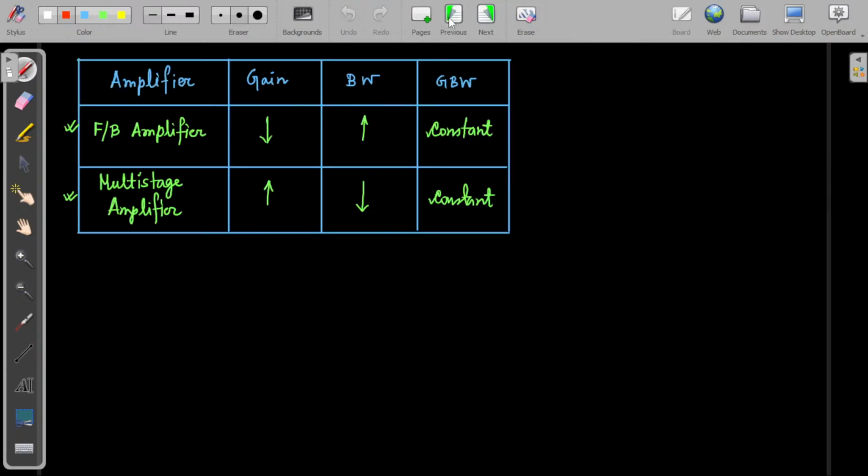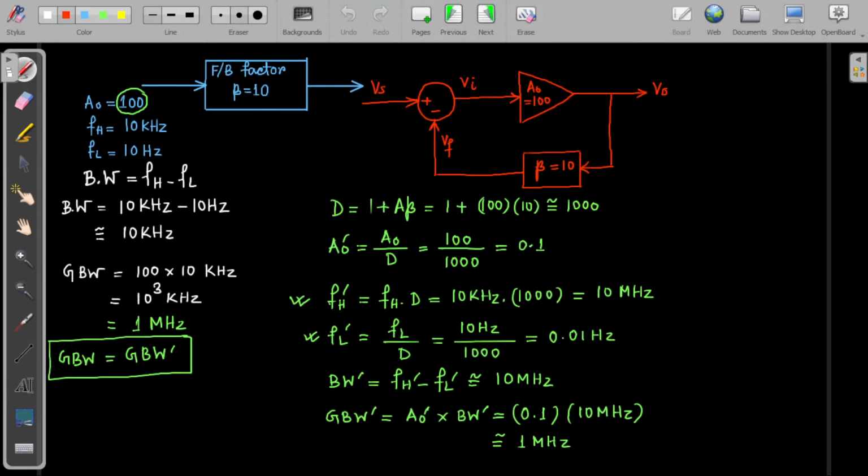If we look at the previous lectures, you can see that this is the basic amplifier and this one is the mixer.